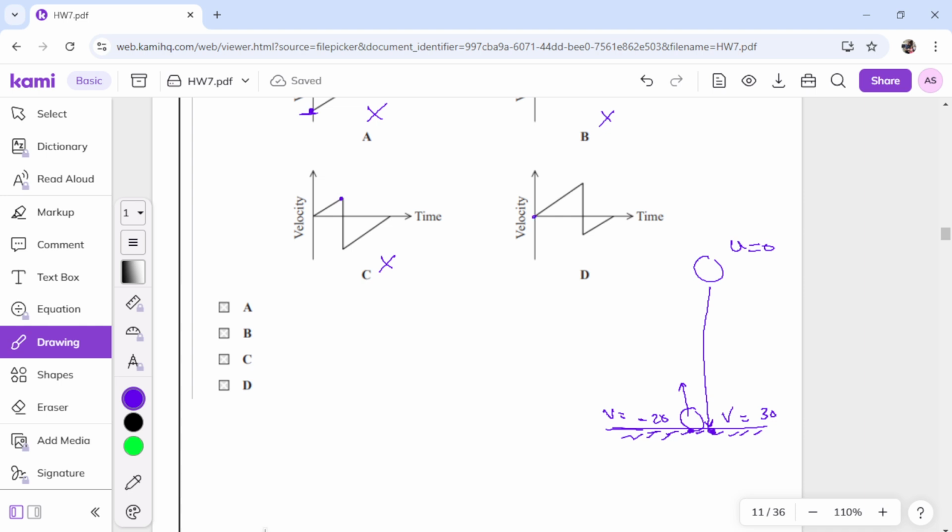So I start from 0, my speed increases until it reaches the maximum, for example as I said 30. Now it will change direction with a smaller one, because after impact some of the energy is absorbed by the surface. So for example it will start with negative 20 and then its speed decreases until it reaches 0 at the maximum height it will reach here, for example. So D is the correct answer.